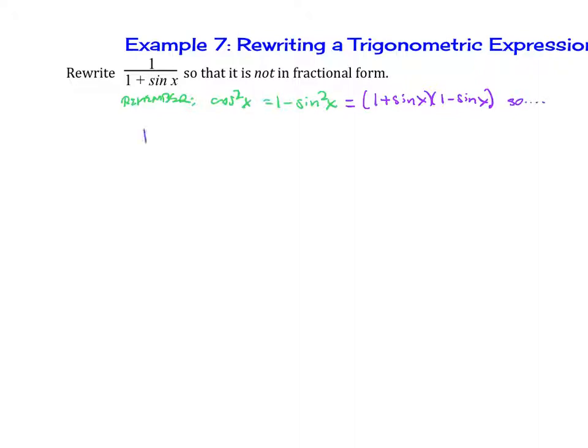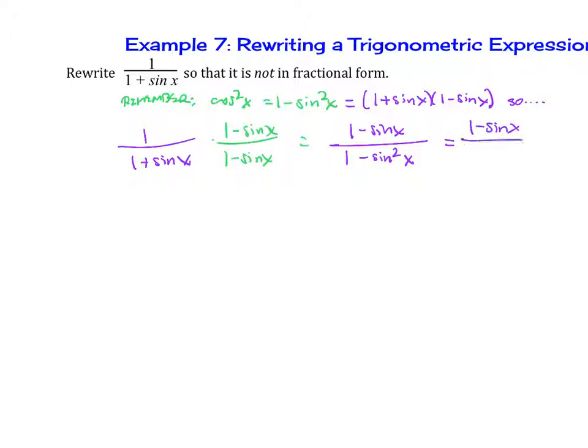So we have 1 over 1 plus sine of x. We're going to multiply by the conjugate, 1 minus sine of x over 1 minus sine of x. So the numerator is now 1 minus sine of x over 1 minus sine squared of x. And the 1 minus sine squared of x becomes cosine squared of x.